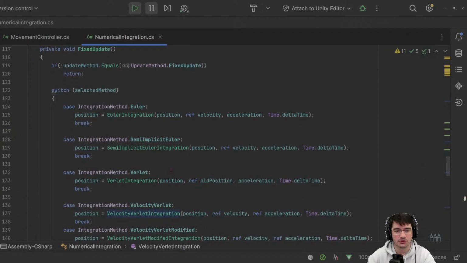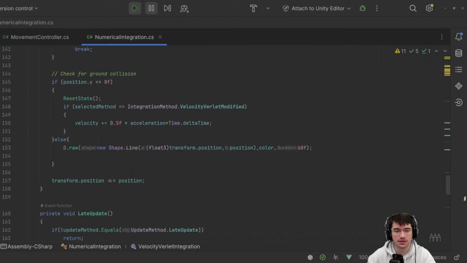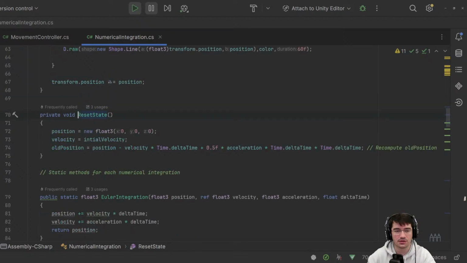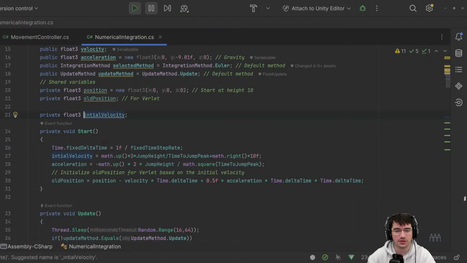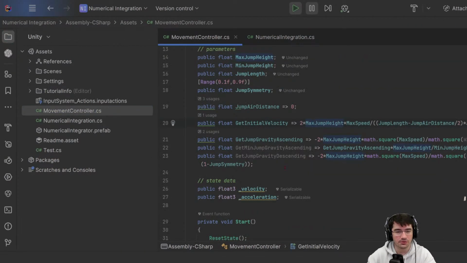Let's go back to this computation right here. State, reset state. Initial velocity. Here, the initial velocity is this one and acceleration is this one. So let's pick those.